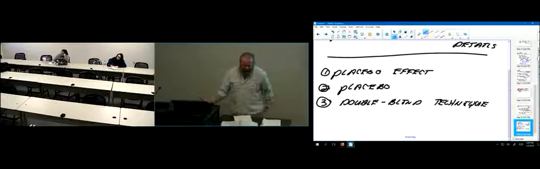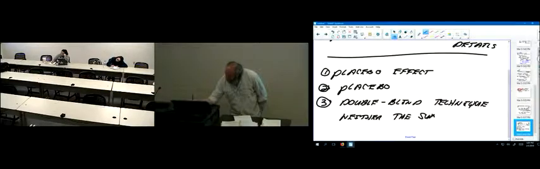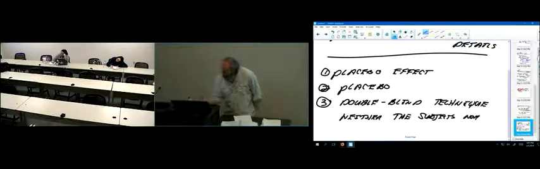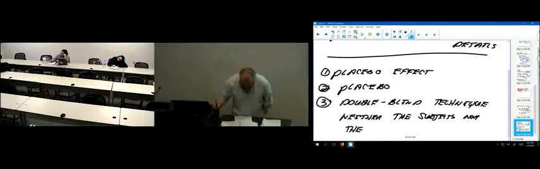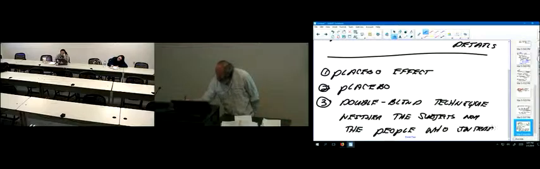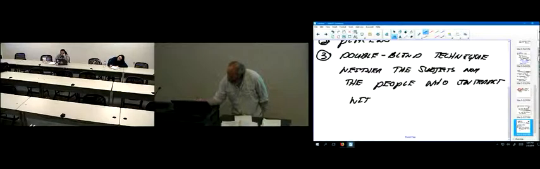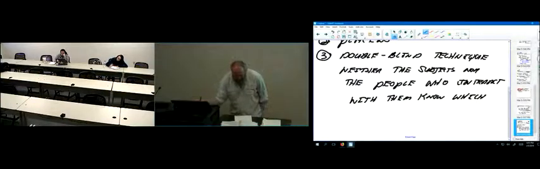And what I'm thinking here is neither the subjects for the experiment, how does the book say it, what terminology do they use, or the people who interact with them, know which treatment each subject is receiving.